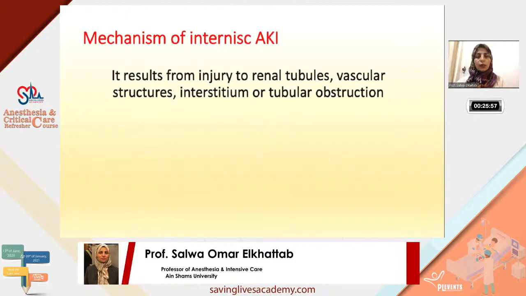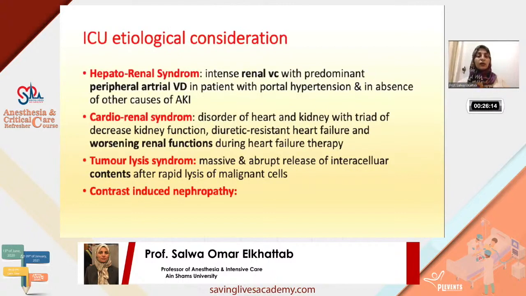Intrinsic acute kidney injury, the second most common cause, might be injury of the renal tubules themselves, vascular structure, glomeruli, or interstitium, or tubular obstruction. In ICU, there are many other reasons. It's not that common like pre-renal, but still we are facing in a critical care setting hepatorenal syndrome, which is an intense renal vasoconstriction while we have peripheral arterial vasodilatation.